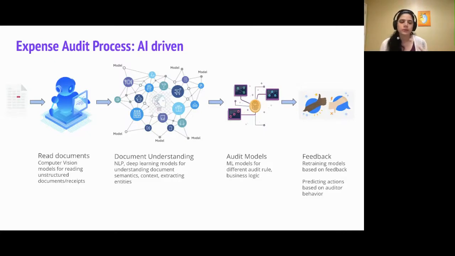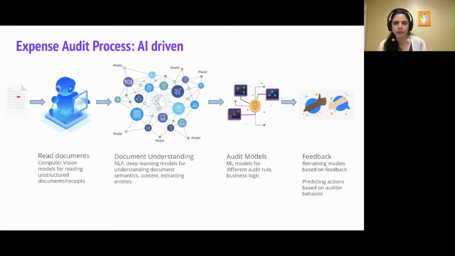Here we use the power of NLP, natural language processing, and some deep learning models to make these connections for that document. Once we have made these connections and extracted all the relevant entities, it is time to apply all these rules, add our business logic, and make sure all the compliance is met. Then we can make an informed decision whether the expense report is qualified, and whether to approve or reject it.